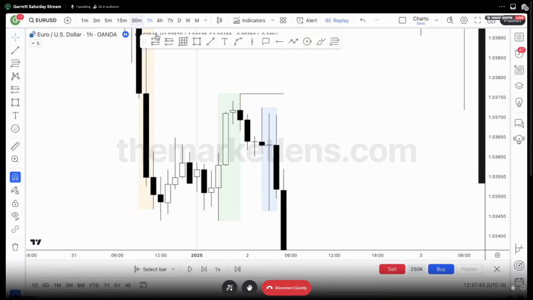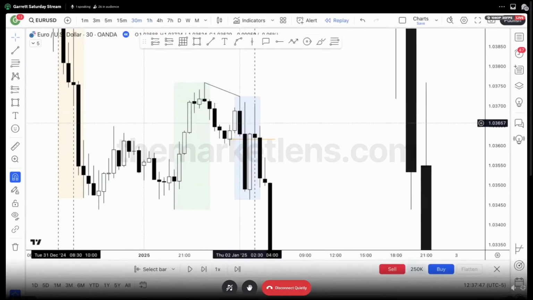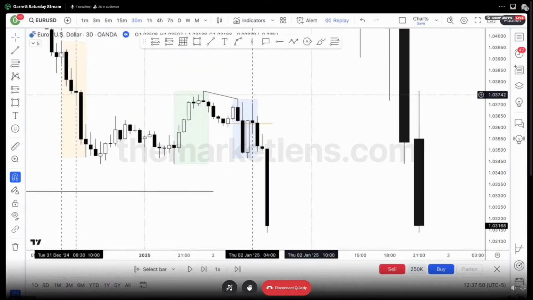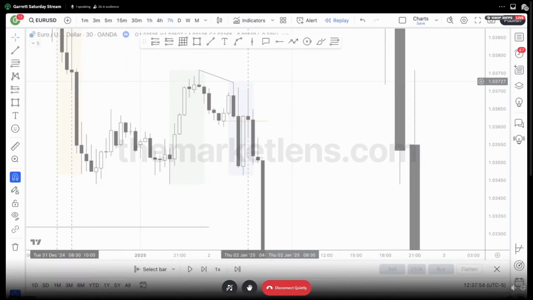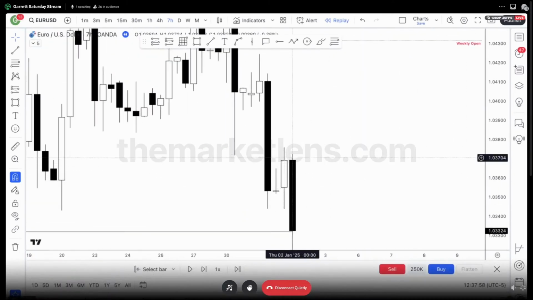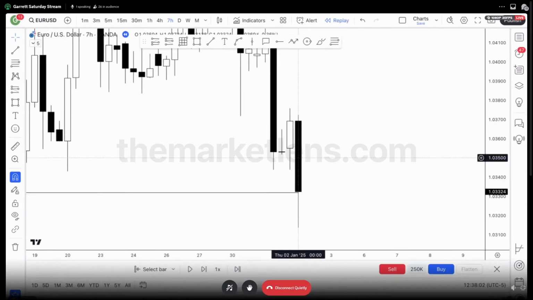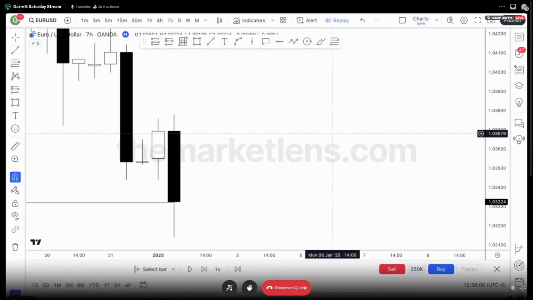Here, we form an SMT, right? So that is manipulation in London session. So if you're a fractal model trader or an expansion model trader, I don't think the 7 hour applies here. It might. Yeah, so it kind of does, right? 7 hour hits this fair value gap, right? You anticipate this going lower. Because what we have here, you have to view it like this, by the way.